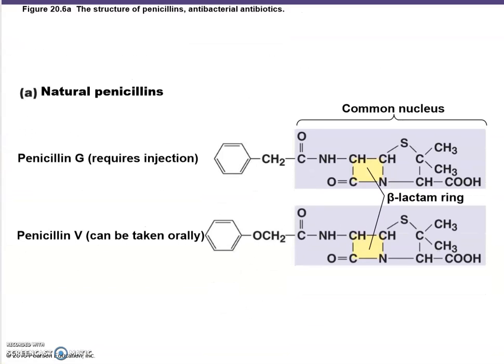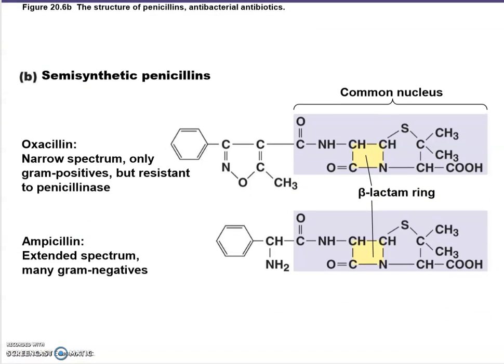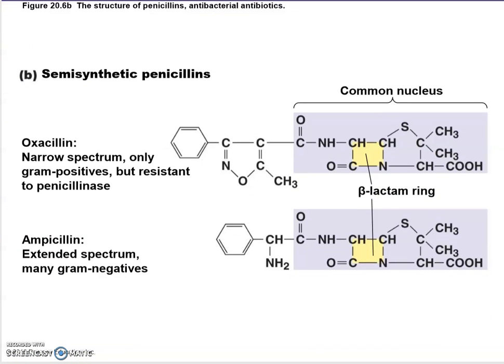So here we have natural penicillins. Take a look at the beta-lactam ring. That's this box right here. Here, very similar. So this is the part of the molecule that specifically inhibits the cell wall synthesis of the peptidoglycan. In the semi-synthetic penicillins, you still see the common nucleus.